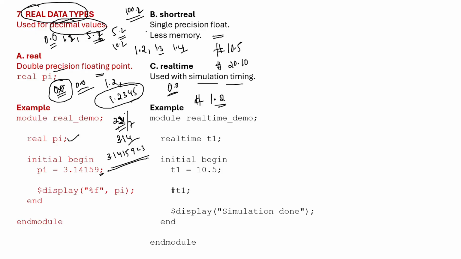Clear? Why do we go for realtime? It will be storing t equal to 10.5. So t1 equal to 10.5; suppose I'm not representing the delay here, delays are represented like this, #10 or #20.